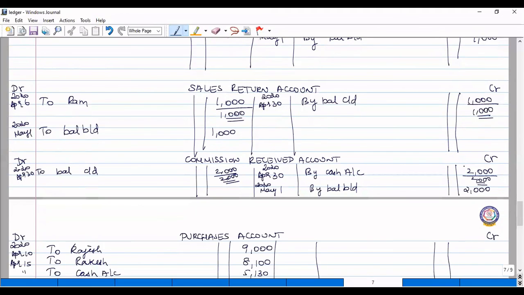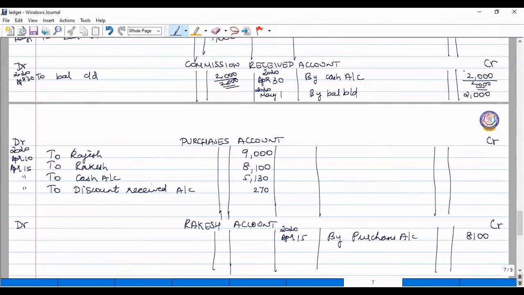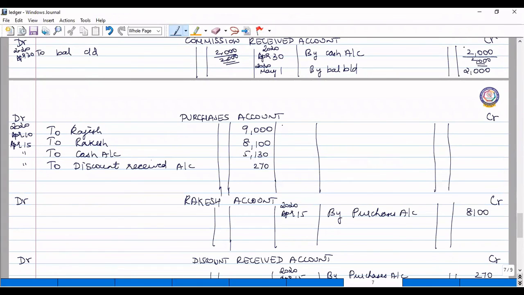Okay, next comes purchases account. So purchases account on April 30th, 2020, we may have the balance carried down as the total of this value.